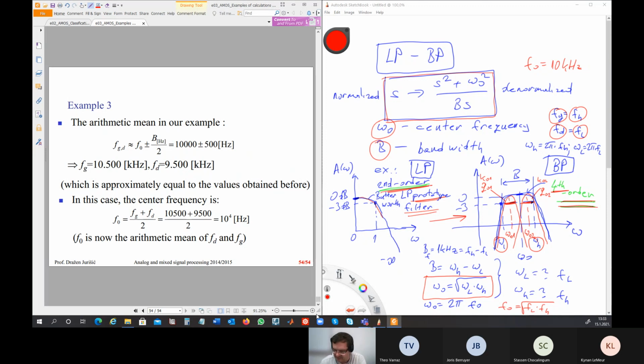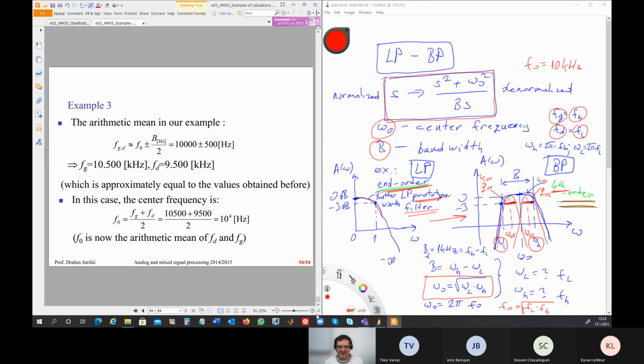So this was our example of calculation of the bandpass filter, to be realized as two biquad blocks of bandpass character in cascade. And this was our last example for today.